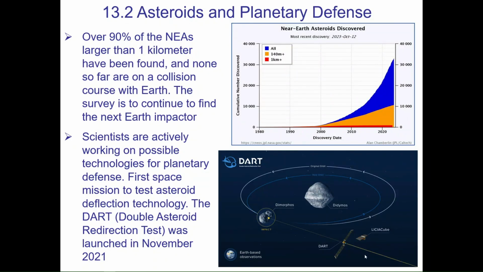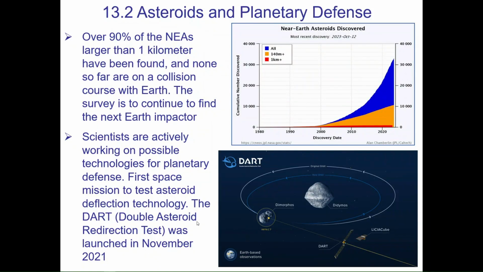And after we crash the spacecraft on it, we'll use telescopes, either ground-based or space-based, to look at the orbit of Dimorphos, and compare its new orbit with the orbit before the crash to see if we're able to change the orbit of the asteroid that was impacted.